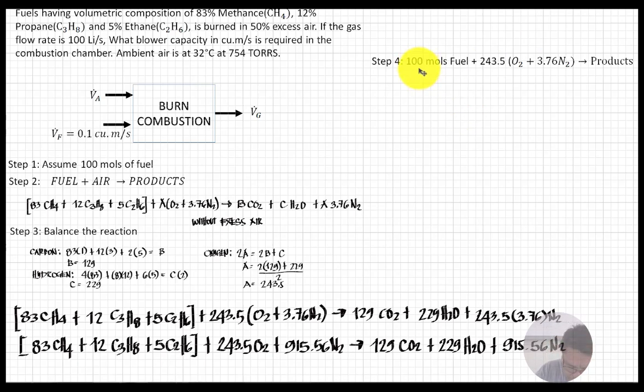That will be 100 moles of fuel plus 243.5 oxygen and 3.76, then we have your products. So this will be the general form when we're using 100 moles of fuel.